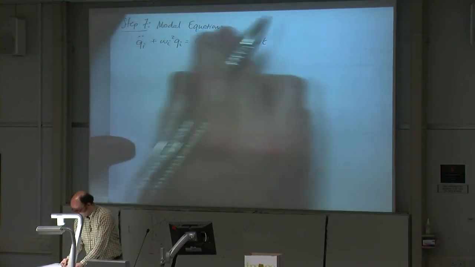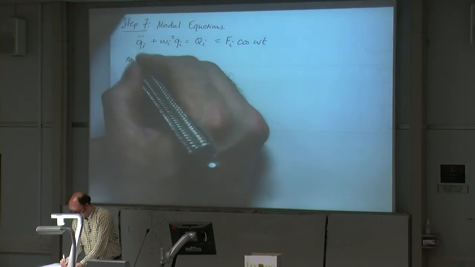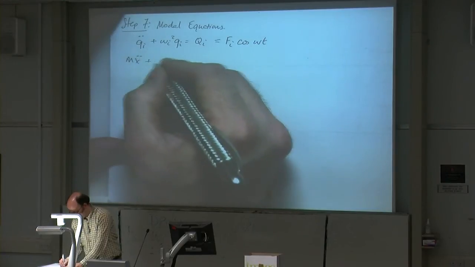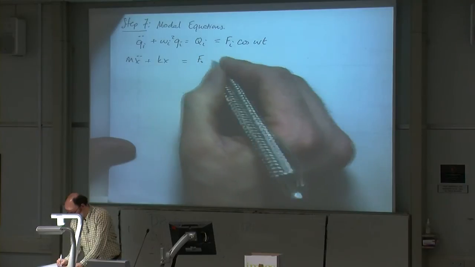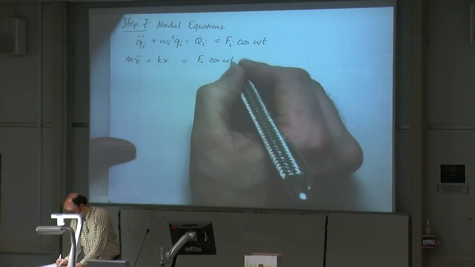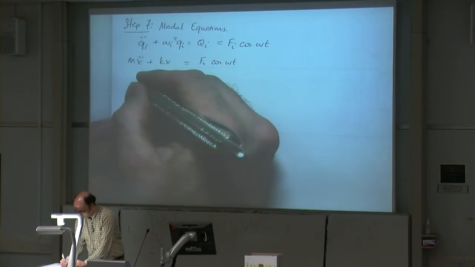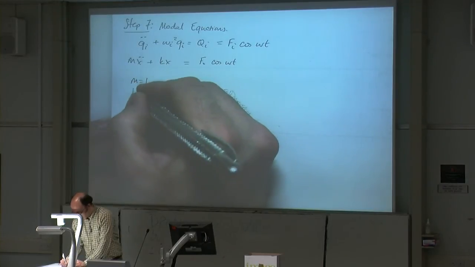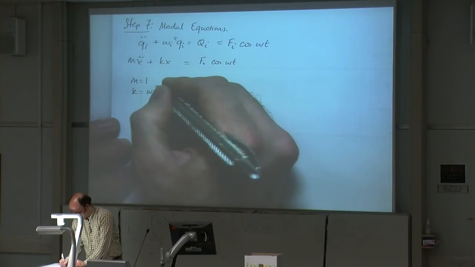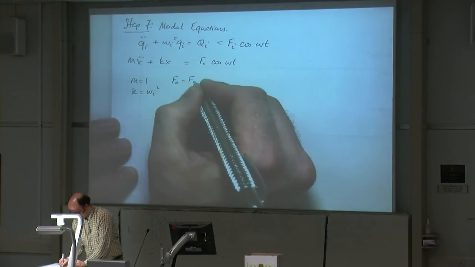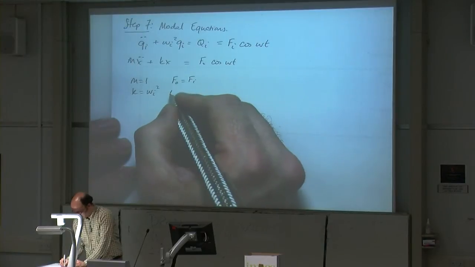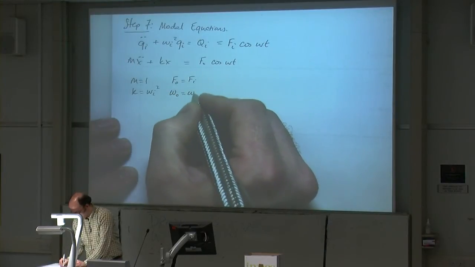Now, this equation matches up very nicely with m x double dot plus k x equals f naught cosine omega t. m we can see is 1. k is omega i squared. f naught is fi. Okay, and we can also say that omega naught is omega i.